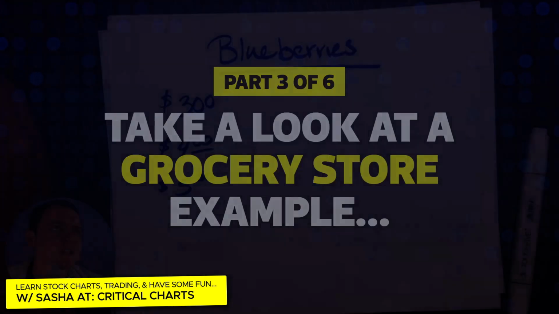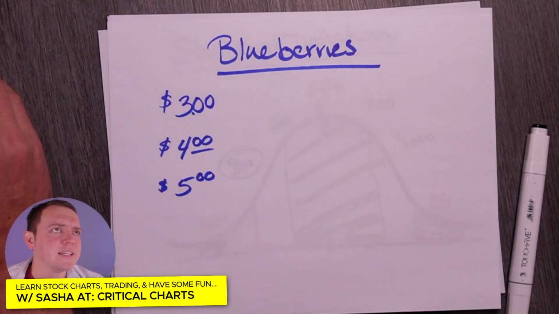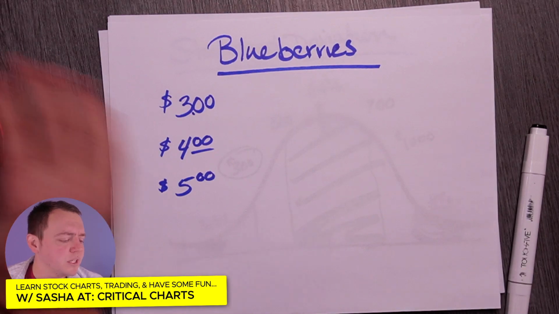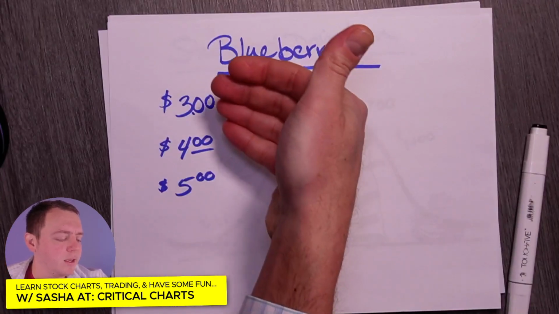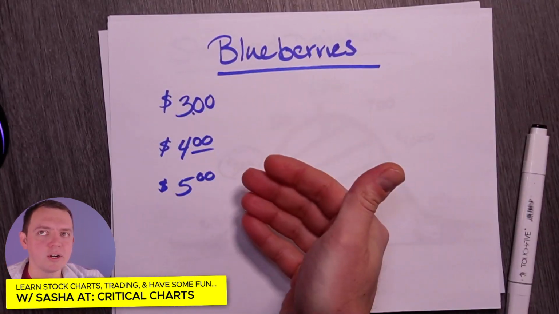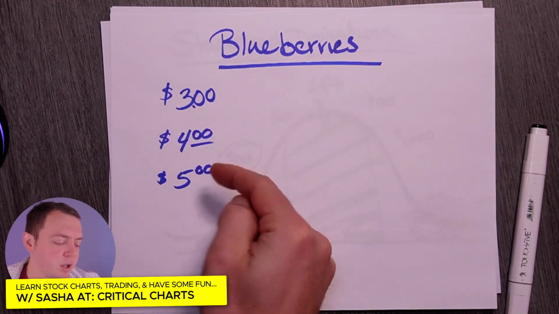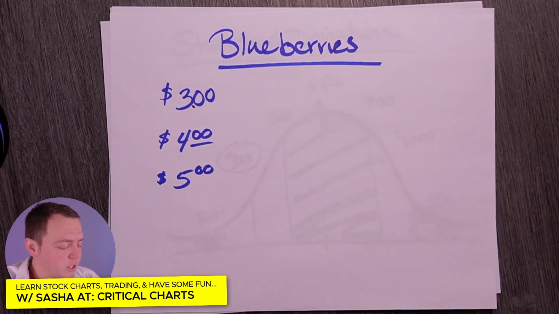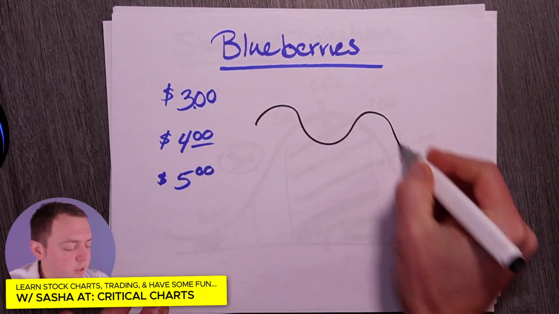Looking at our part number 3, let's look at a grocery store example. We've talked about this in our beginning stages. But when we look at blueberries, you might see prices around $3, $4, $5, and prices are constantly wiggling around all over the place, right?